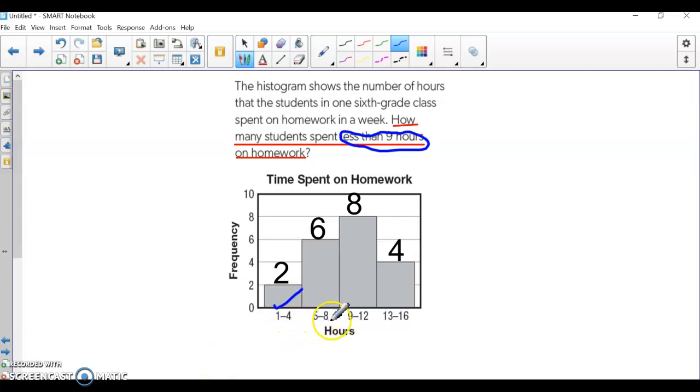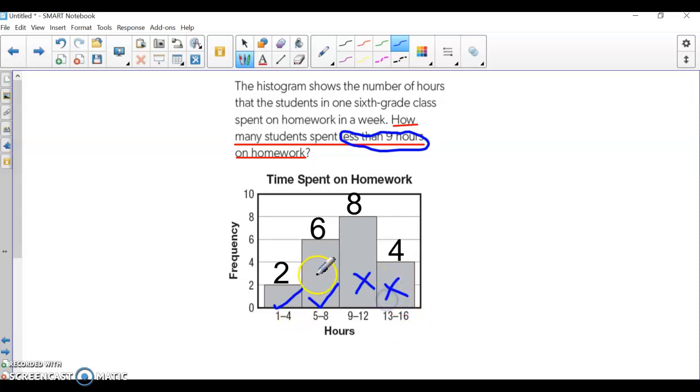I'm also looking at 5 to 8 hours because 5 to 8 is less than 9. I'm not looking at 9 to 12 hours because 9 equals 9 and is not less than 9. I'm not looking at 13 to 16 hours because it is not less than 9.